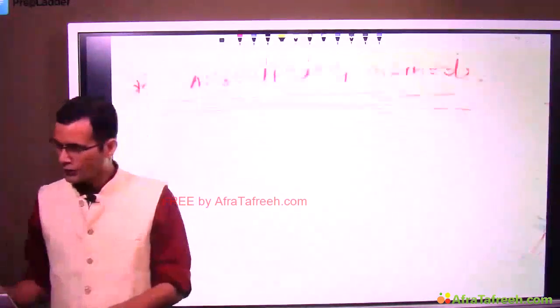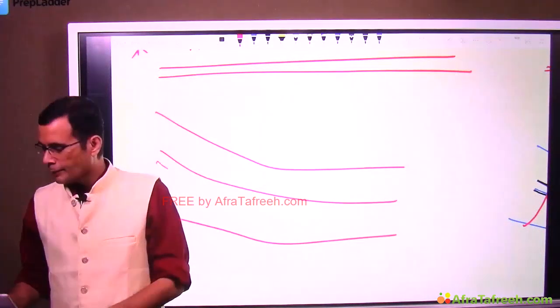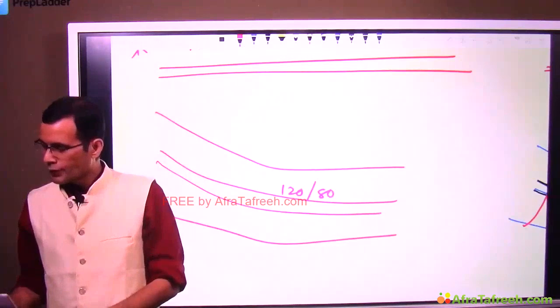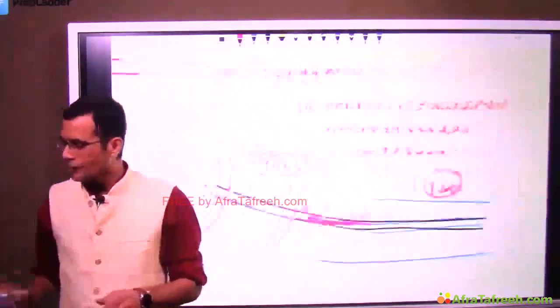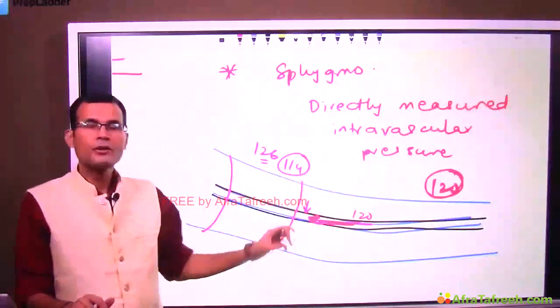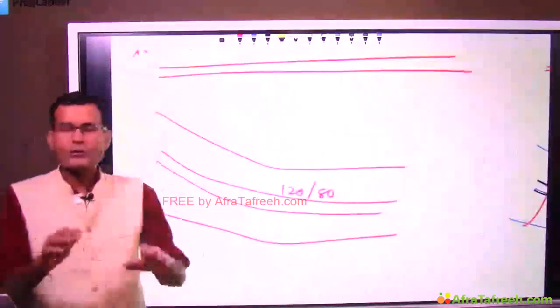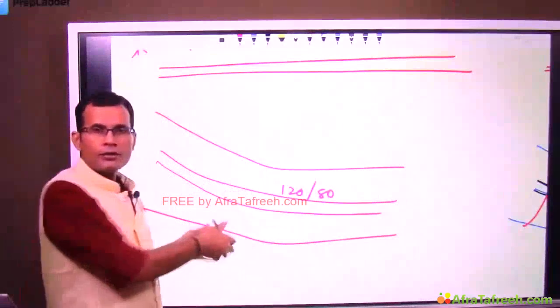What is the basis for the auscultatory method? Let's say the pressure in the vessel is 120 mm of Hg, and for the time being, keep all this hypothesis aside. Don't bring that palpatory method hypothesis over here.